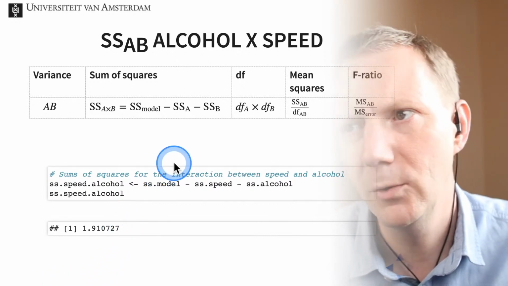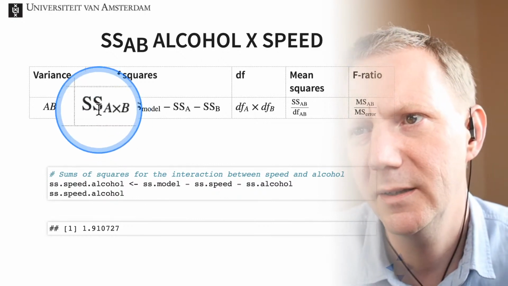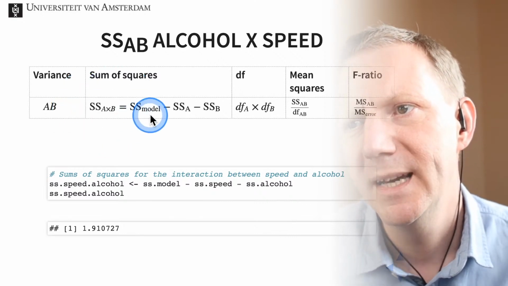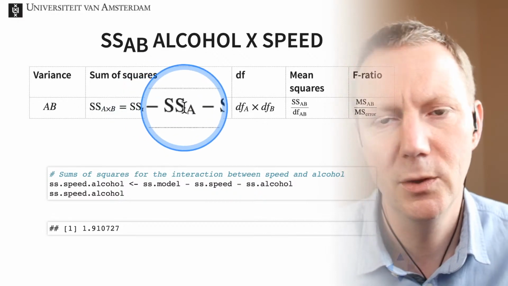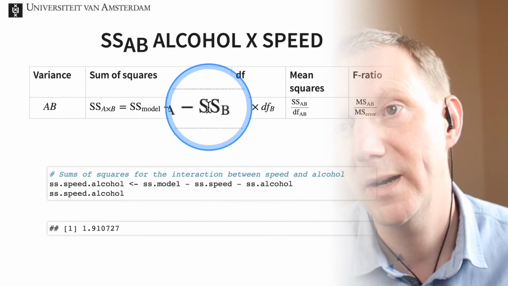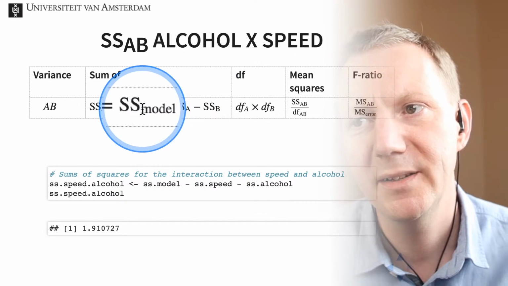If you look at the way that the interaction term is defined here, we're looking at the sums of squares of a times b. It's defined as essentially subtracting the sums of squares from one independent variable and the sums of squares of the other independent variable from what is explained by the entire model.